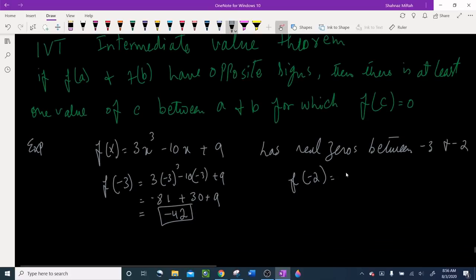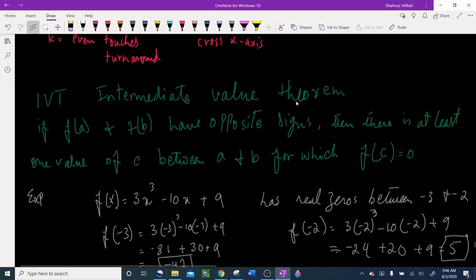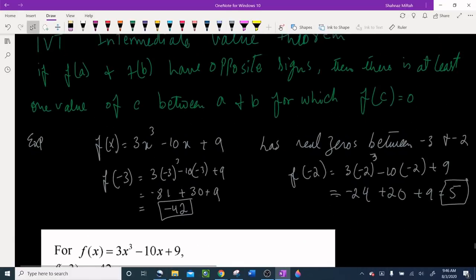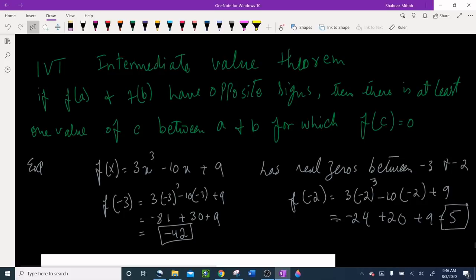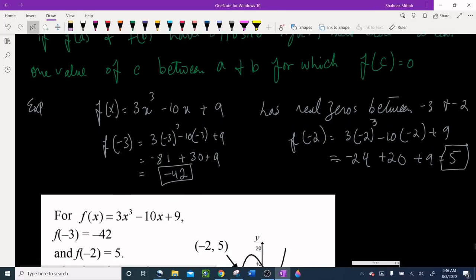When I plug in -2, it's 3 times -2 cubed minus 10 times -2 plus 9, which is -24 plus 20 plus 9, equal 5. So that's how we got -42 and 5, which means there is a c between a and b, and there must be f of c between f of a and f of b.